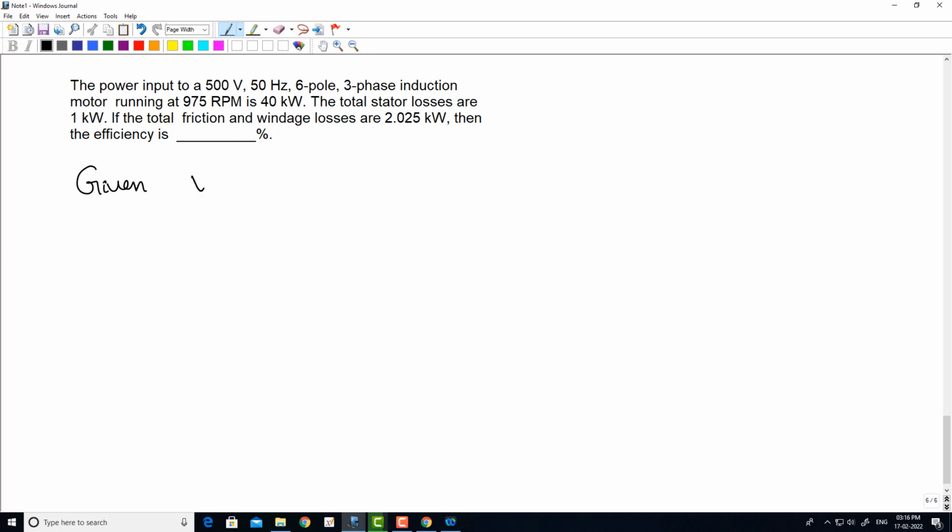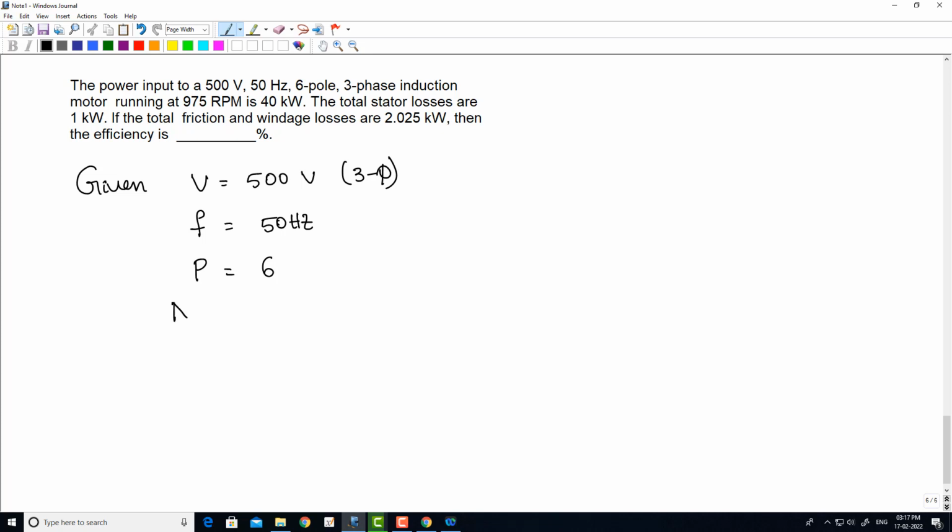Given, V is equal to 500 volts and frequency is 50 Hz. Number of poles is equal to 6 and it is a 3-phase induction motor.